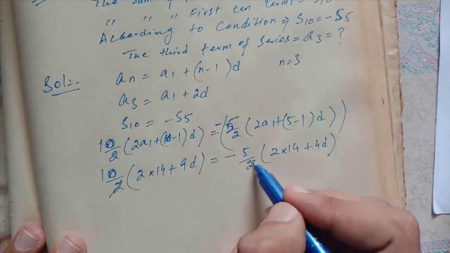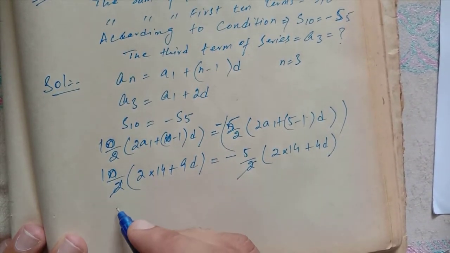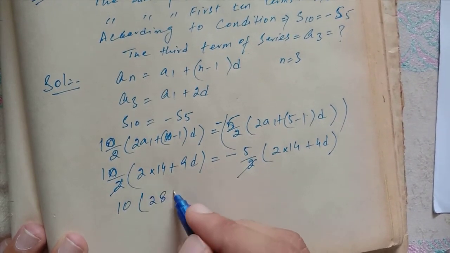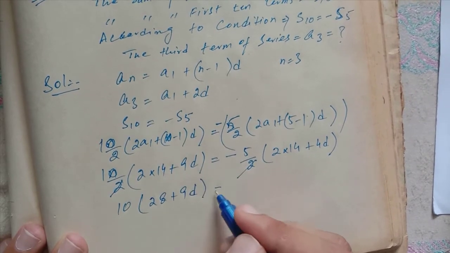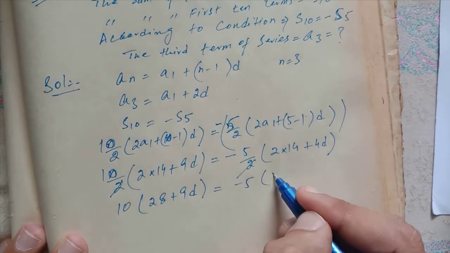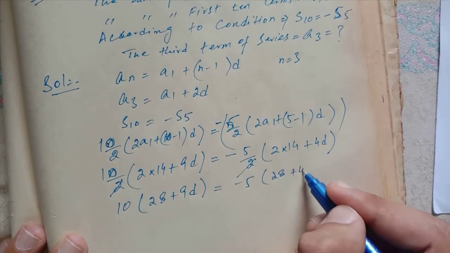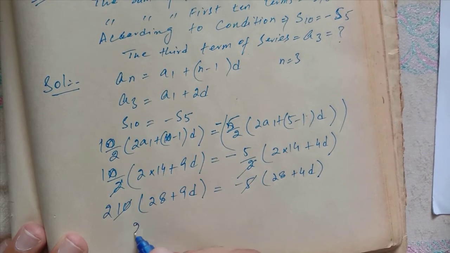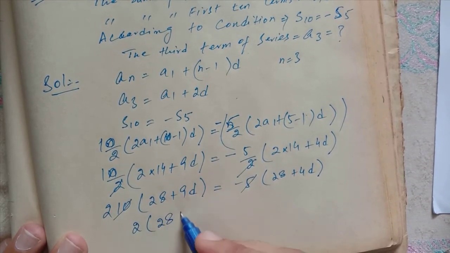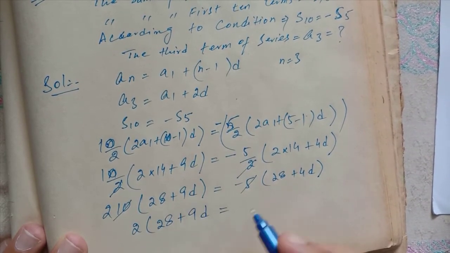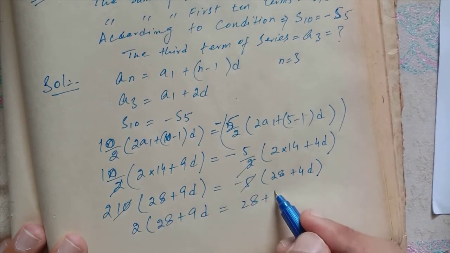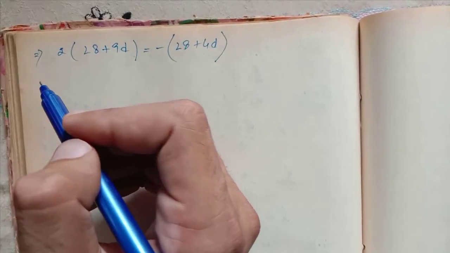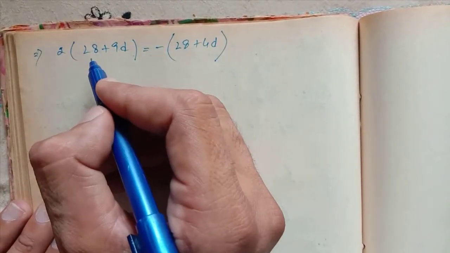Now 2 cancel with 2. Now this equal to 10 into 28 plus 9D, and this equal to minus 5, 28 plus 4D. Now 5 2s are 10. So this equal to 2 into 28 plus 9D, and this equal to minus 28 plus 4D. Now this 2 divide on each side.